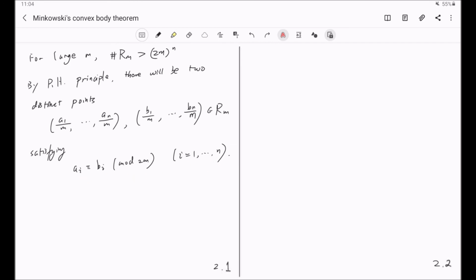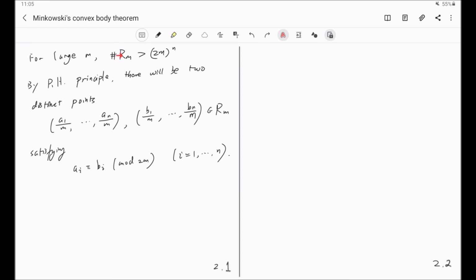The congruence classes mod 2m have 2m members. So for each i from 1 to n, there are 2m classes, because you are taking the modulo 2m. So the total number of holes will be 2m raised to the power n.